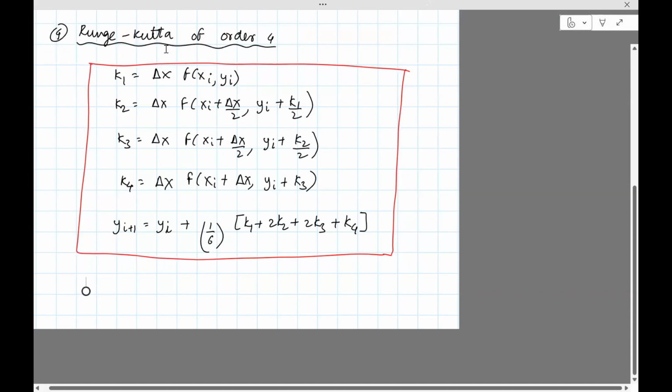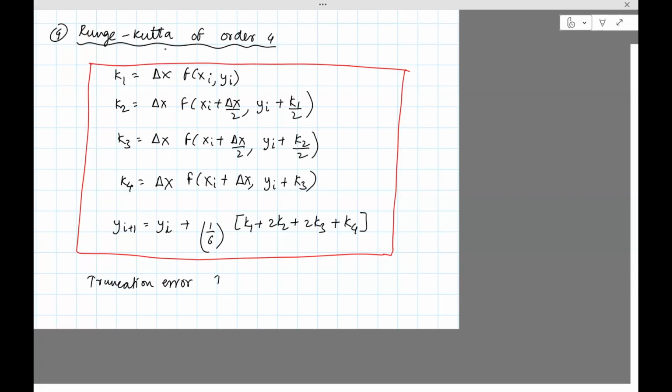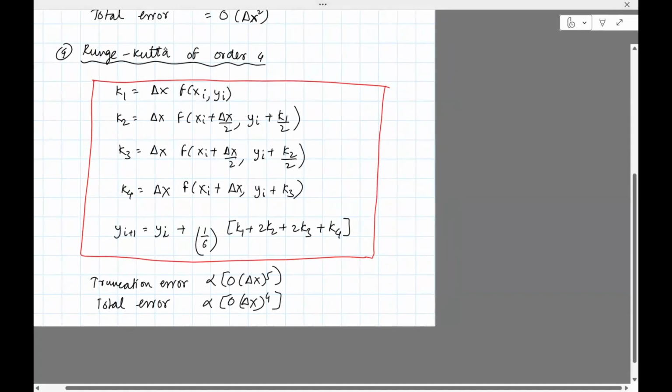The truncation error of this is of the order of delta x raised to 5, which makes it quite accurate, and the total error is of the order of delta x raised to 4.